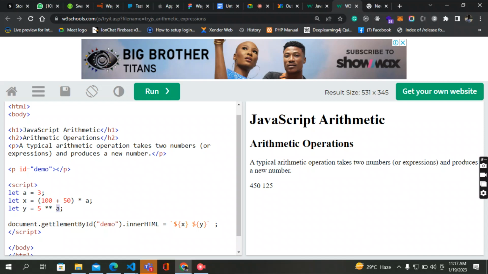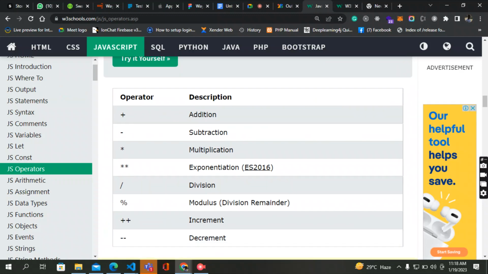You multiply this number 3 times. 5 raised to power 3 means 5 times 5 times 5, right? Yes. And that's why we have 125 here. So that's what I'm trying to explain here.